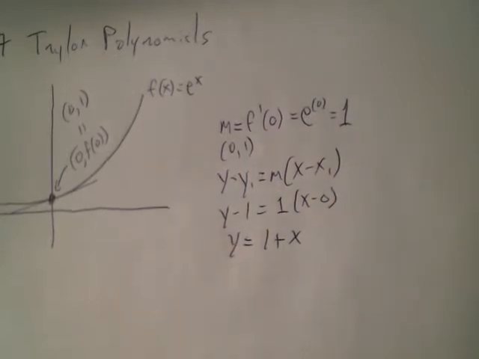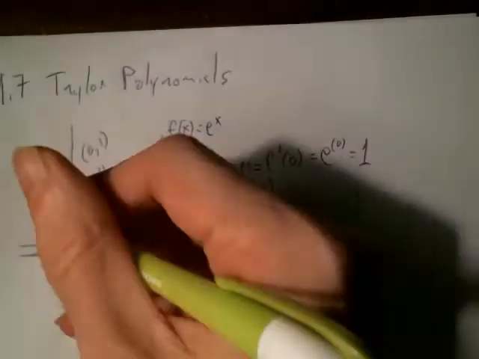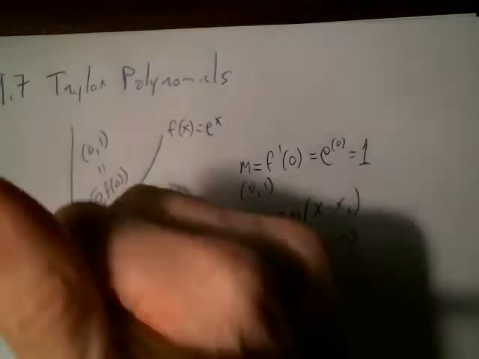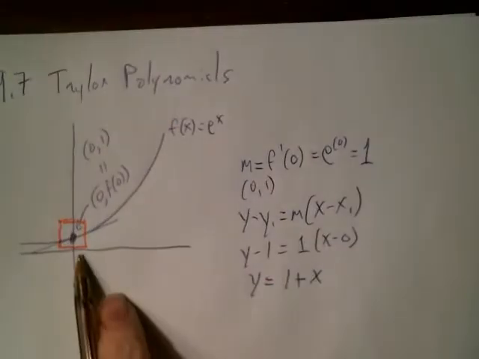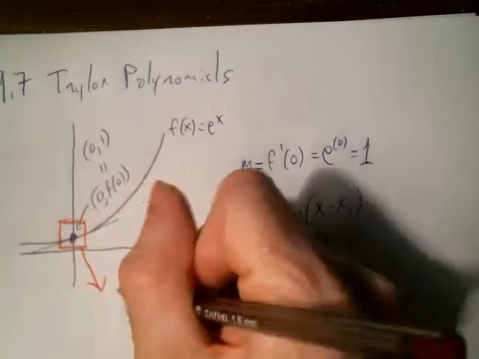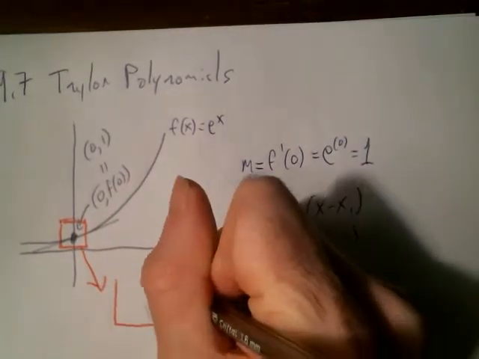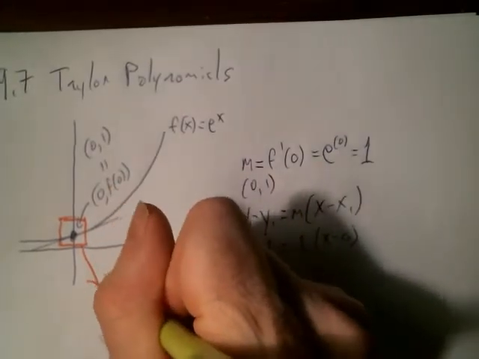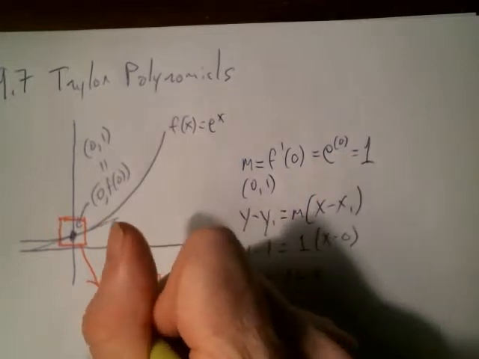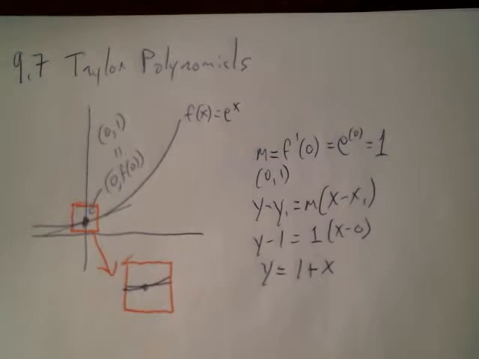Okay. So that's a polynomial approximation of this curve, and certainly for very small regions, like if I took a box right here and looked at it, the function and the polynomial are pretty close to each other, right? So we would have my exponential going like that, and then the tangent line is very close to the actual function there.